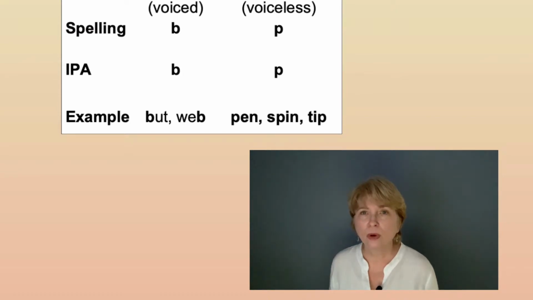Web, web, another stop. Pin, pin, spin, spin, tip, tip, another stop. Got it? Tip, tip. There are many letters that have these voiced and voiceless counterparts.